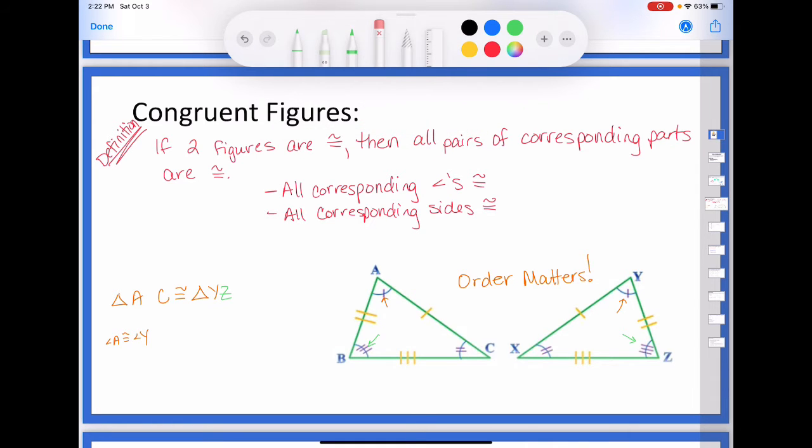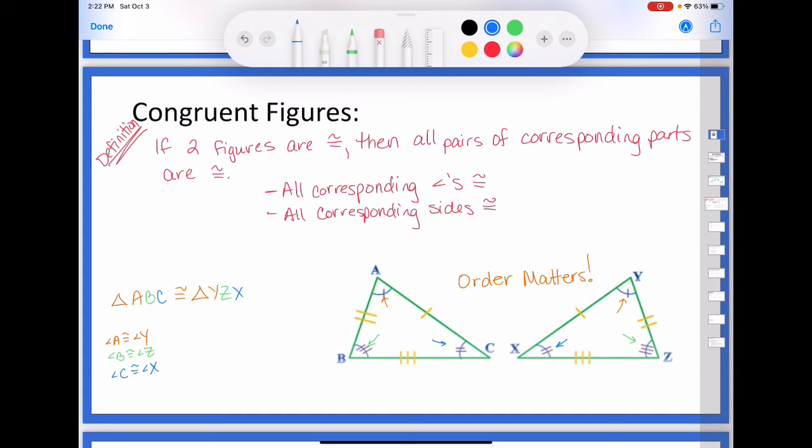Okay, so angle B corresponds to angle Z, and then angle C corresponds to angle X. So I have to make sure that I write them in the correct order. A is first and Y is first, that means those are the corresponding parts. So I have to make sure that the congruent parts line up.